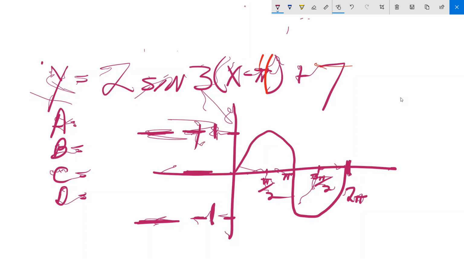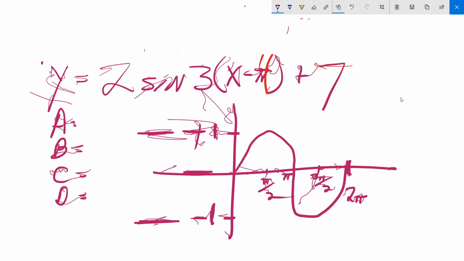The way you come up with A, which is the amplitude, is you take the maximum value, subtract the minimum, divide by 2.